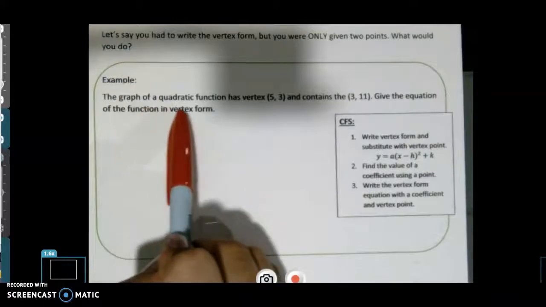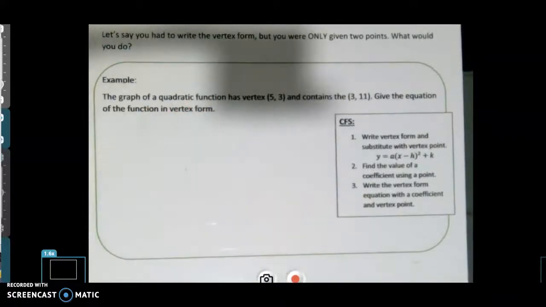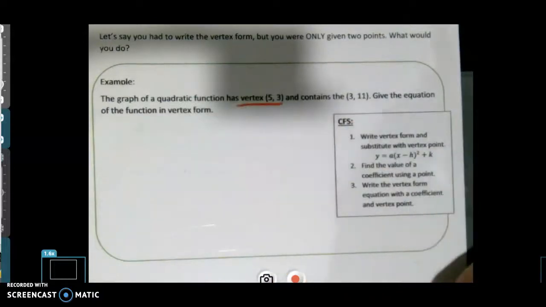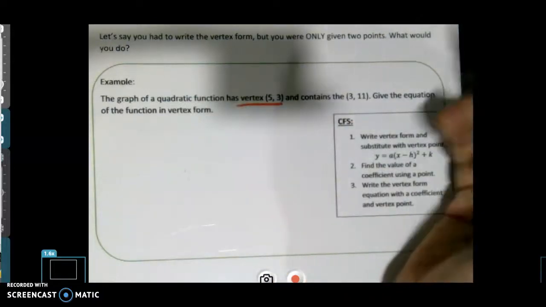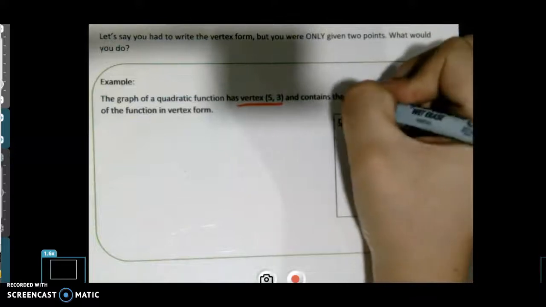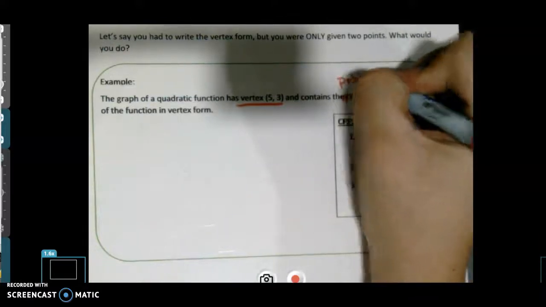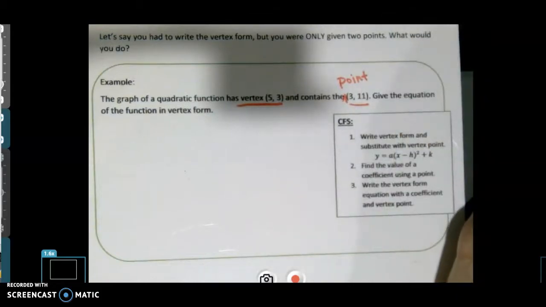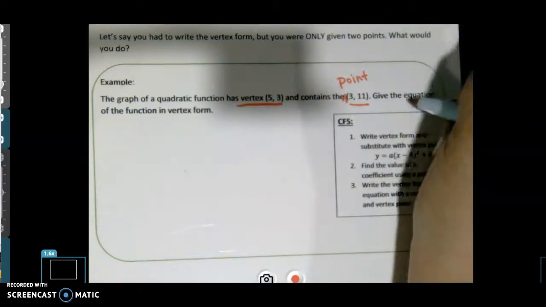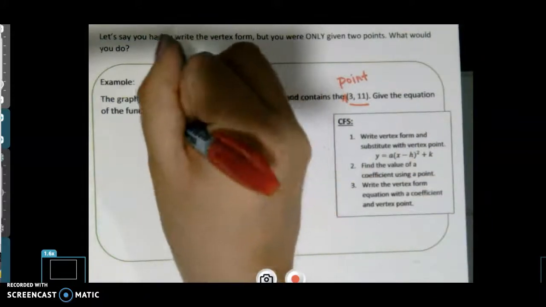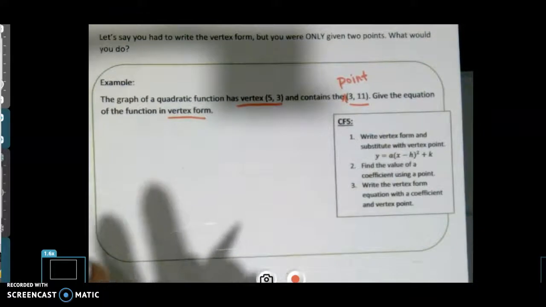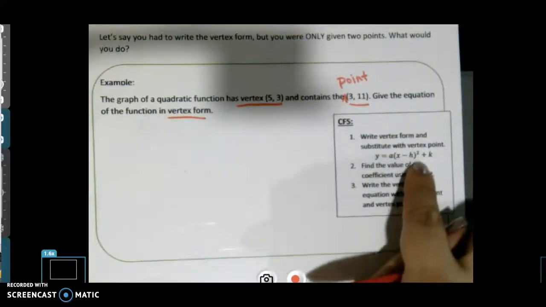The graph of a quadratic function has a vertex (5, 3) and contains the point (3, 11). So you're also given this additional point. So you need to give the equation of the function in vertex form.